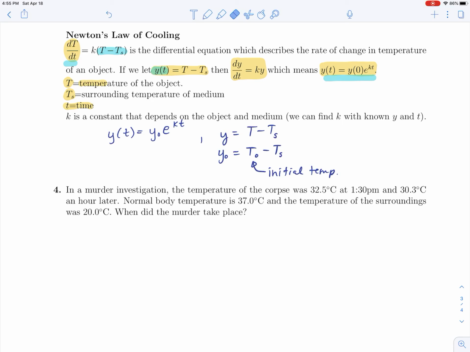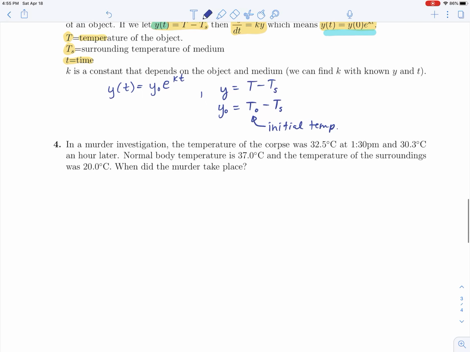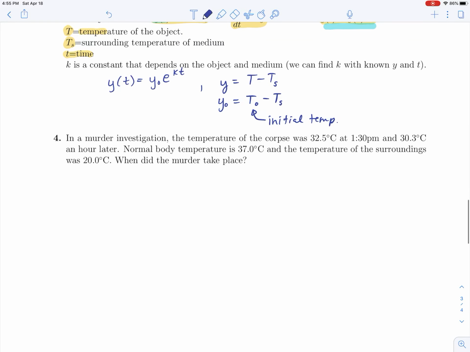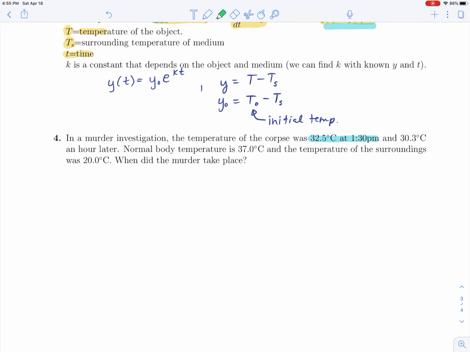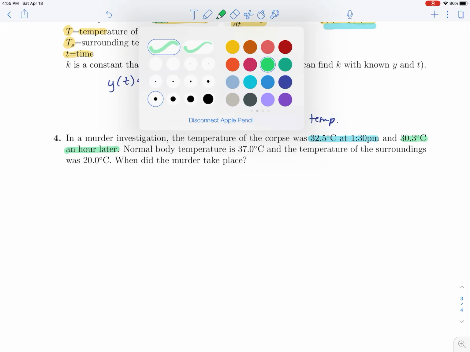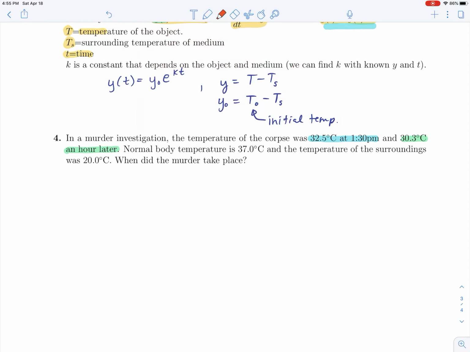Let's go ahead and do this example. So in a murder investigation, the temperature of the corpse was 32.5 degrees Celsius at 1:30 p.m. And I'm going to do a different color here so we can keep it straight. It was 30.3 degrees Celsius an hour later. Normal body temperature is 37 degrees Celsius, and the temperature of the surroundings is 20 degrees Celsius.